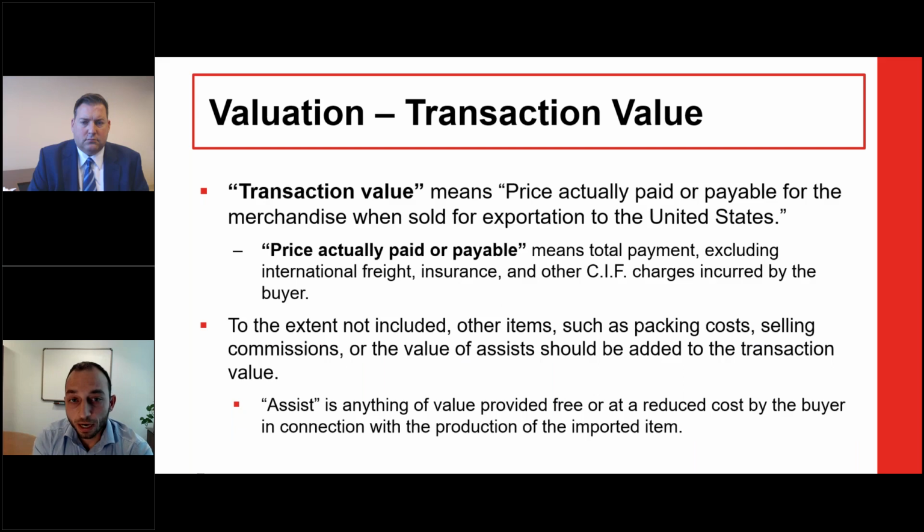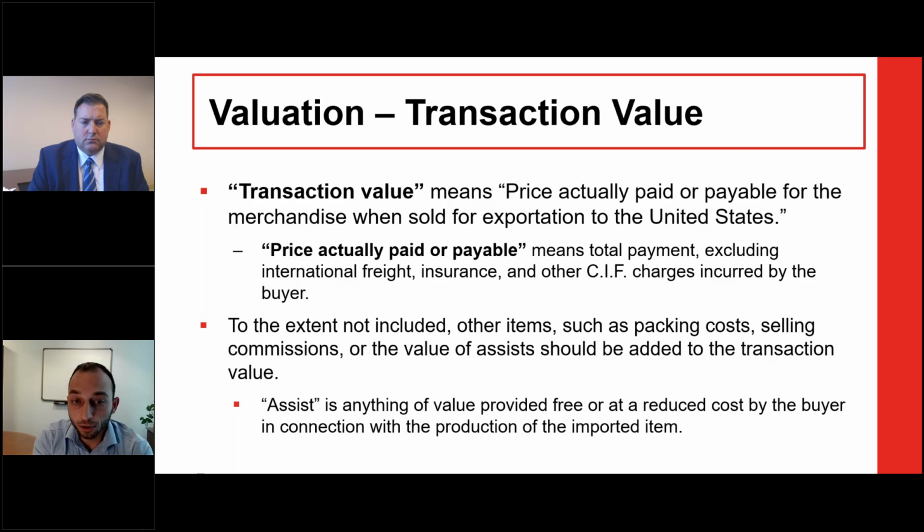So the transaction value is defined as the price actually paid or payable for the merchandise when sold for exportation to the United States. So it's essentially the total payment for the product you have made, excluding any international freight, insurance, or other CIF charges incurred by the buyer.